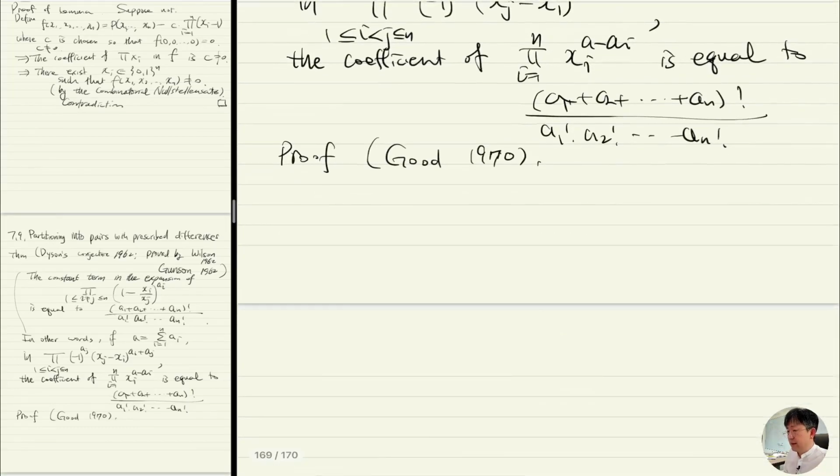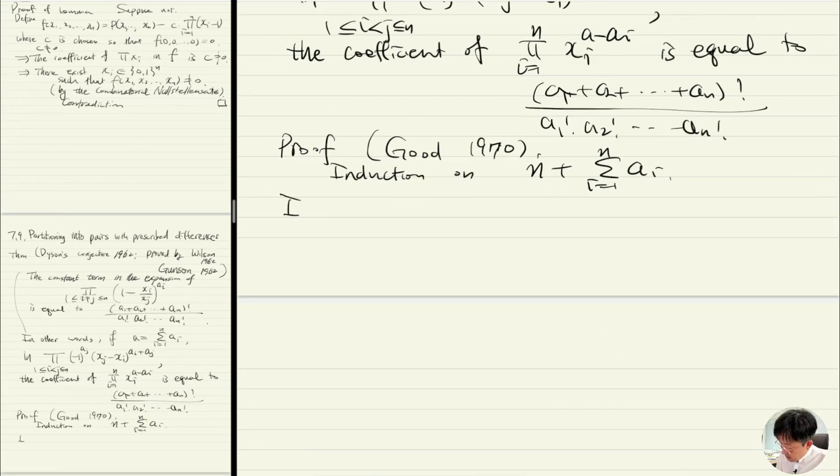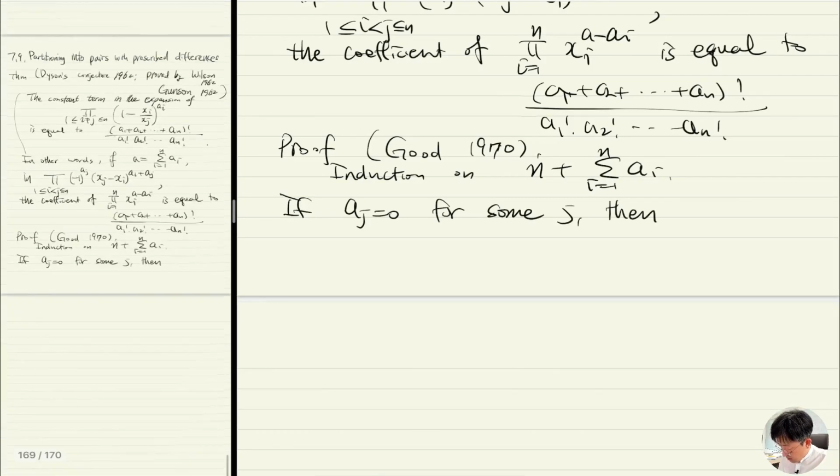So how do we prove that? This is by induction on something, let's say the sum of ai. Whenever I reduce n or decrease the sum, then I win by induction. All right. Now, if aj is 0 for some j, then what's going to happen?